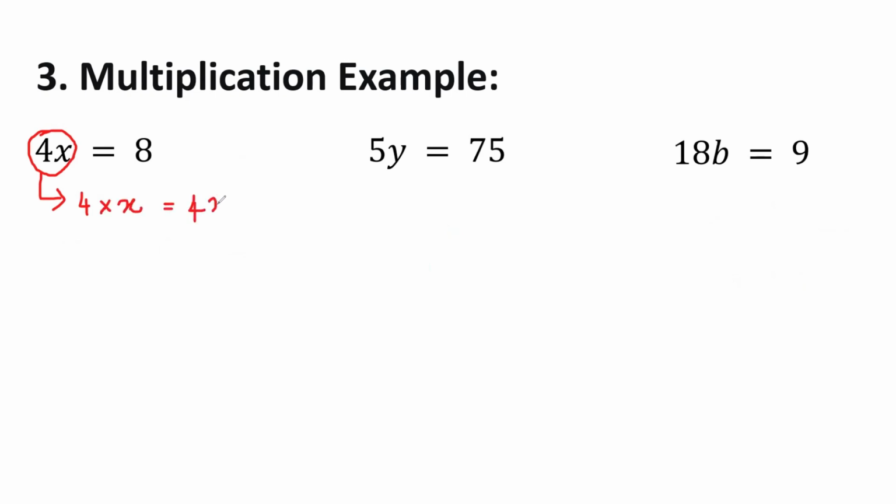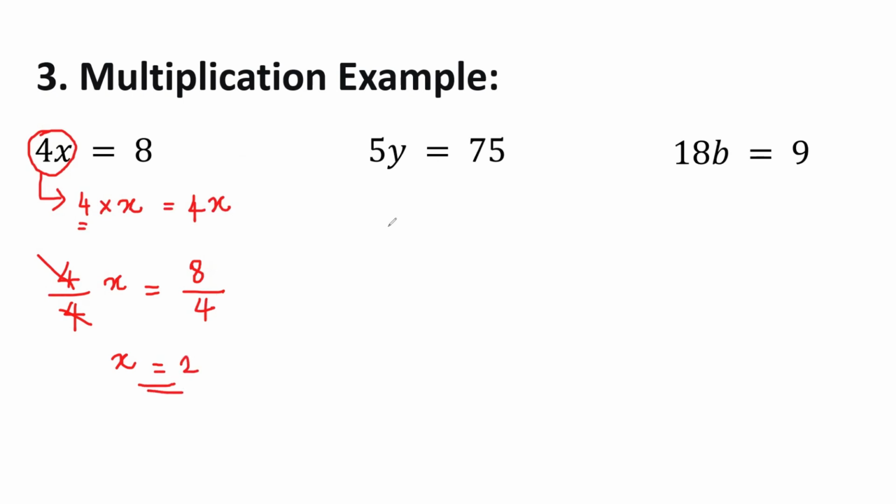Here 4 is multiplying with x, so we have to do the reverse, which means we have to divide it. 4x divided by 4, and you have to do it on the other side as well, divide by 4. These two will be cancelled, so x will be isolated. 8 divided by 4 is 2.